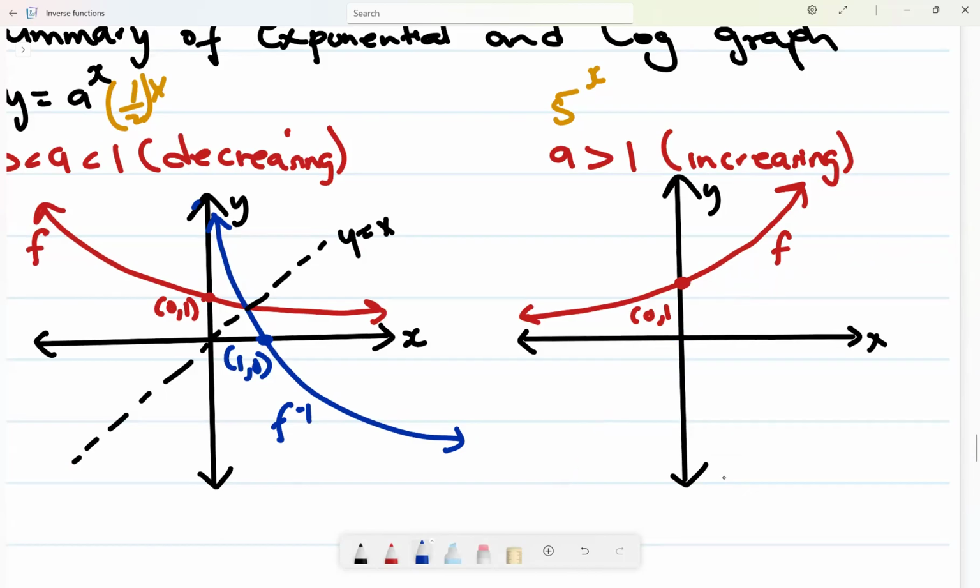Here, because it does not touch this y, I will start from here, from left to right, and I'm going to increase like that. So you are also increasing. Yes. It might not be as good as I want it, but it is also an increasing function.